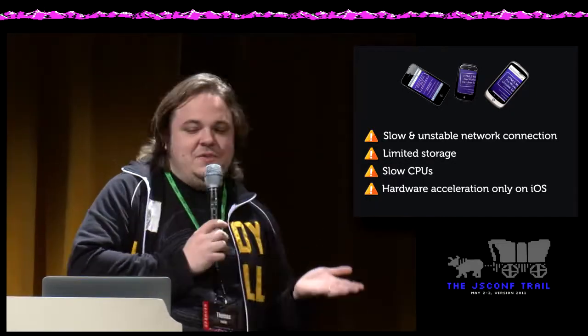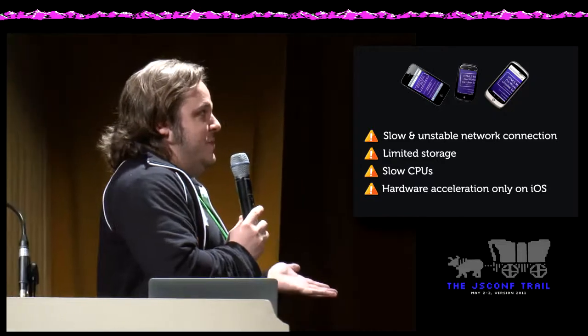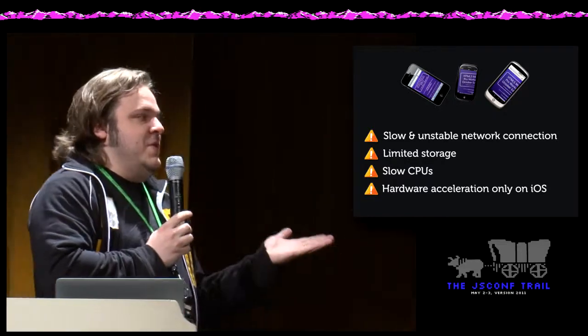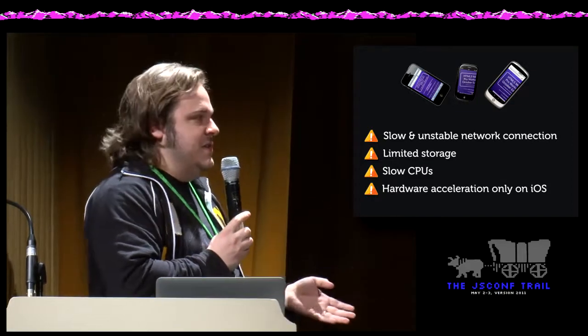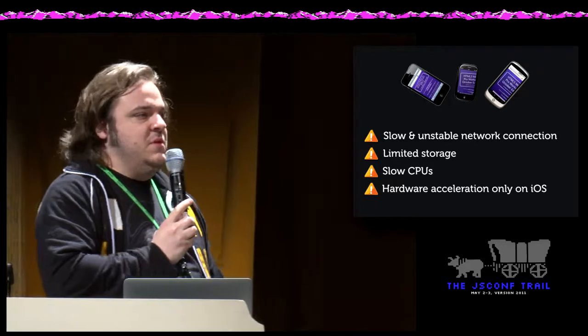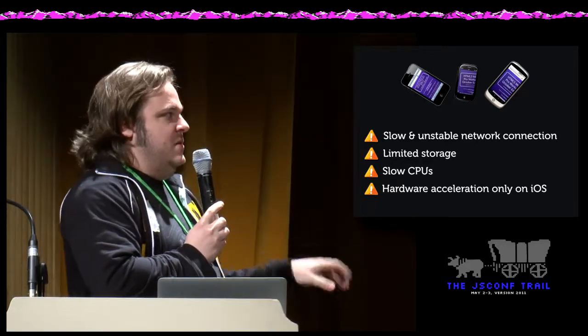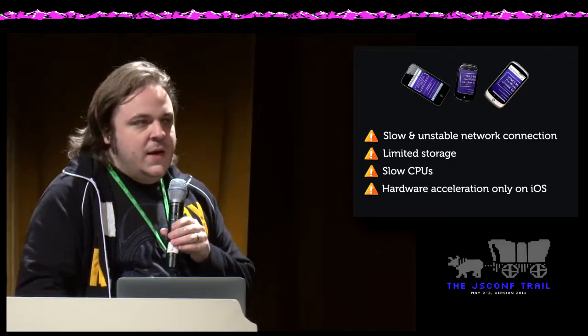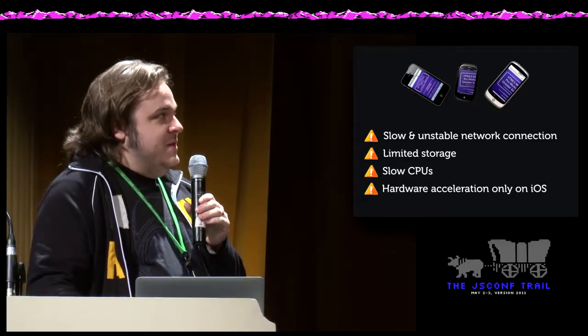The end result is it's unreliable. You also have limited storage, you have slow CPUs, and hardware acceleration right now, for browser stuff at least, is only available on iOS. The other devices all use software rendering and compositing, so it's kind of slow.